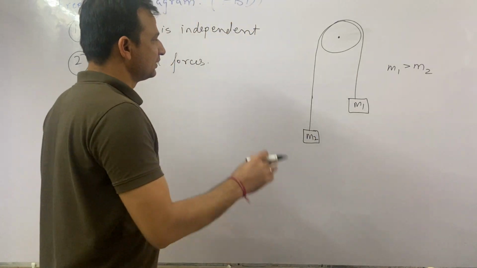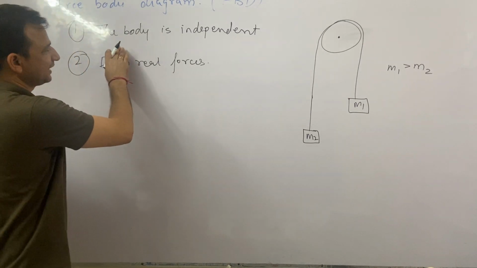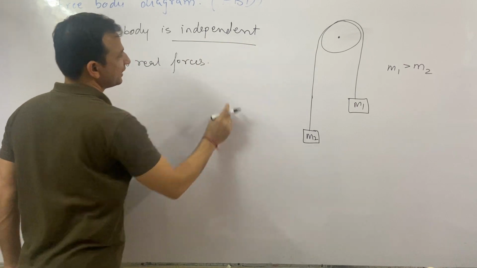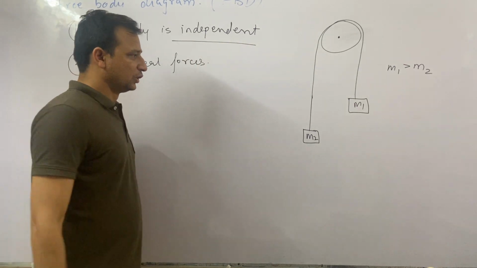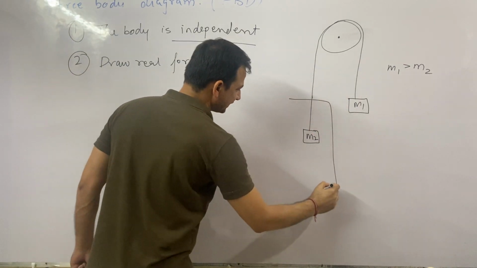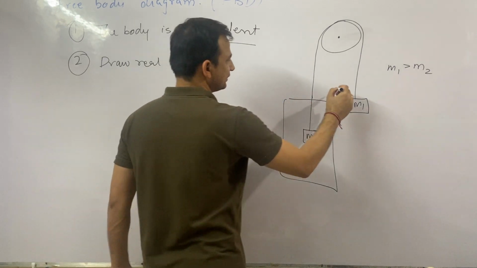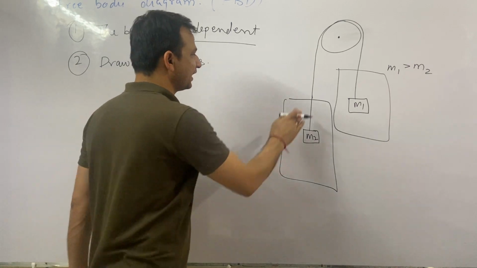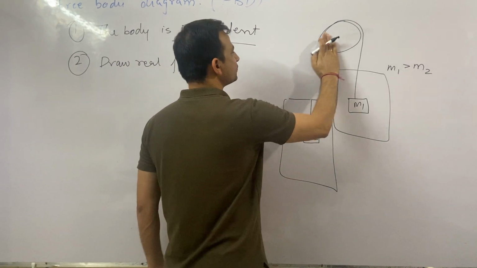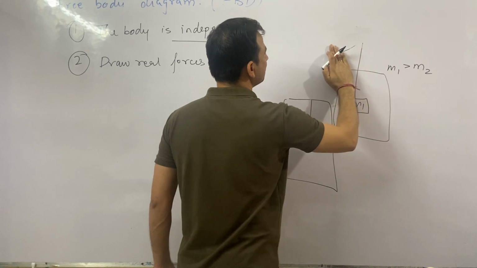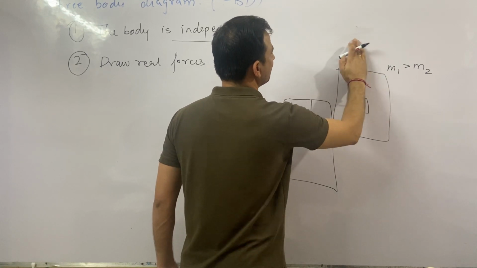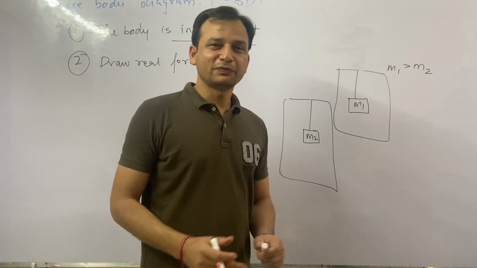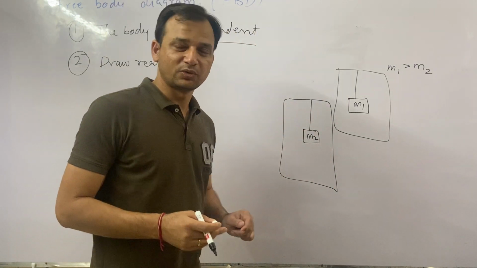So we will treat each body, M2 and M1, independent of each other. This one would be treated as one body, this one as another body, and we can remove this pulley from the picture. Though it's there in the diagram, we will treat them as independent bodies.